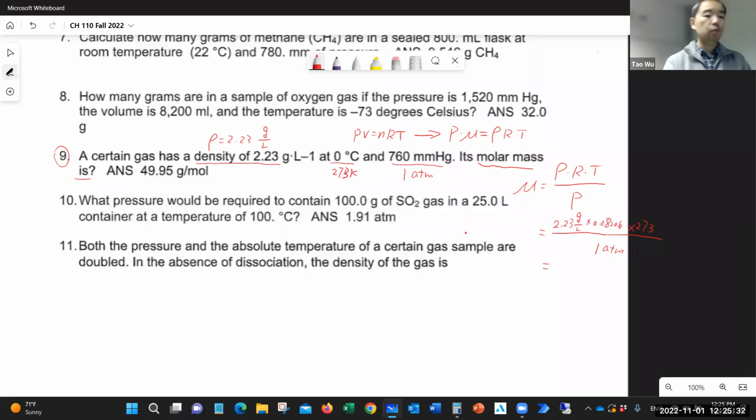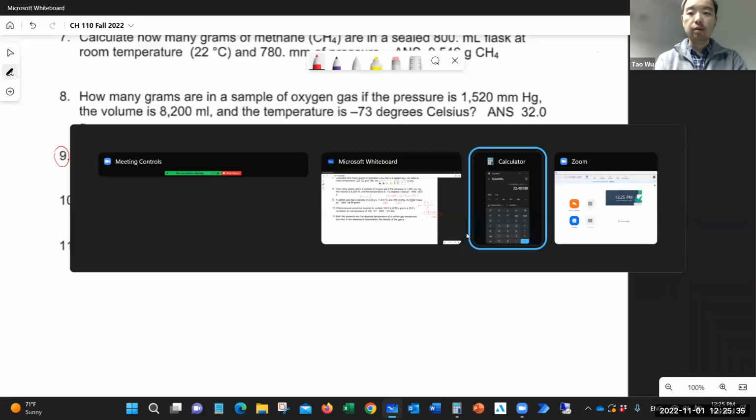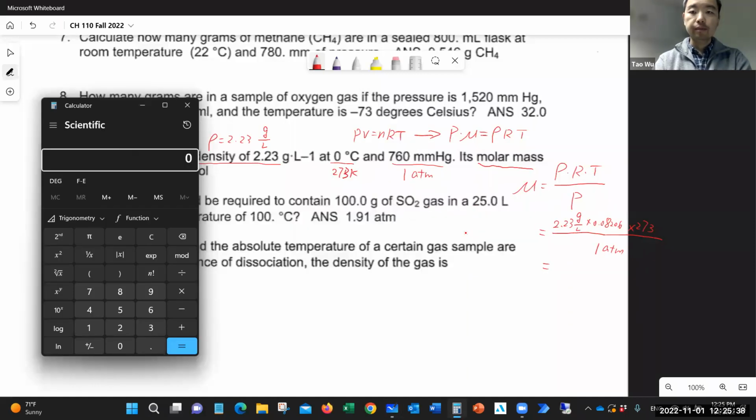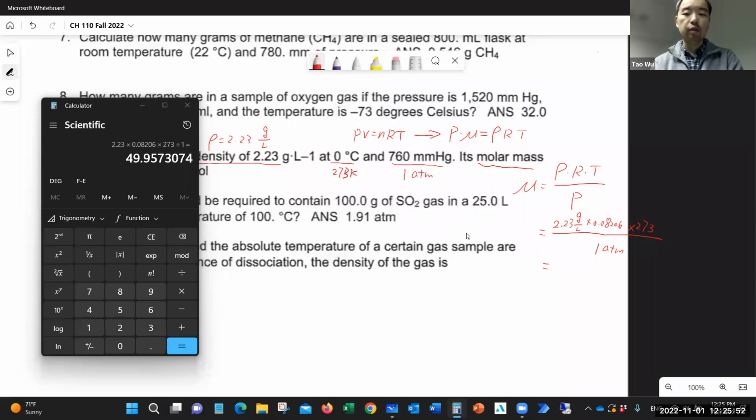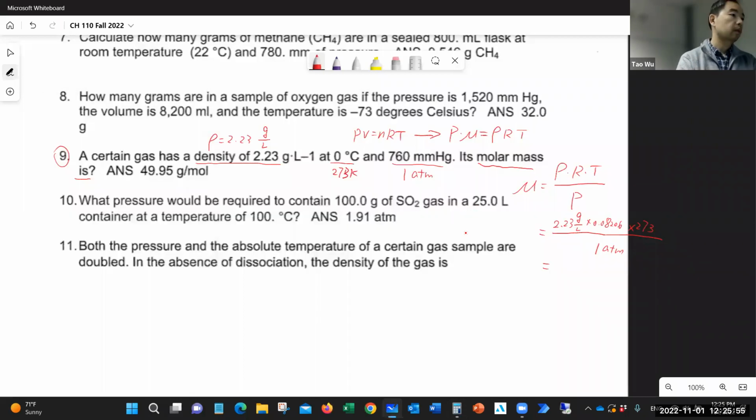So 2.23 times 0.08206 times 273 divided by 1, and we got 49.95, which is about 50. The unit is grams per mole. 49.95 grams per mole is the molar mass of the gas.